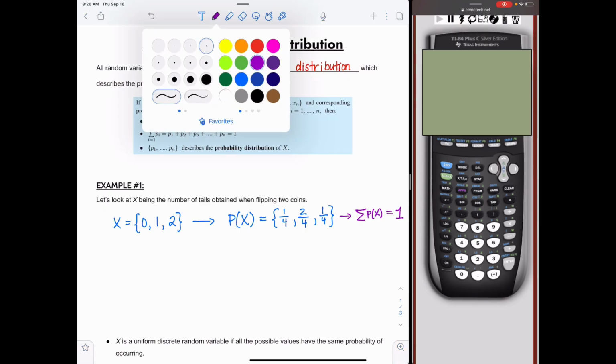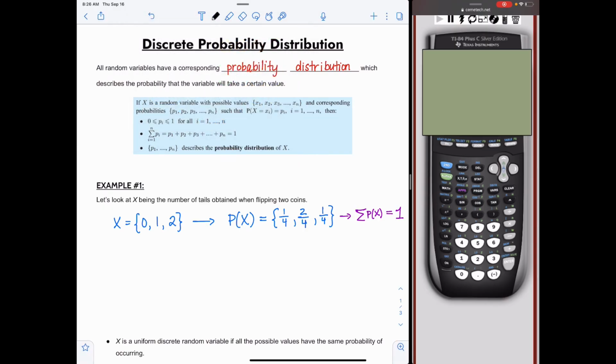If we were to display it as a table, we would have a table that looks sort of like this. And we will have here that x is our random variable, and then the probability of x taking on a certain number.